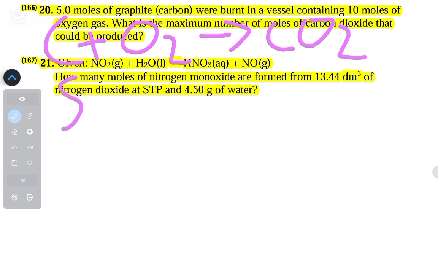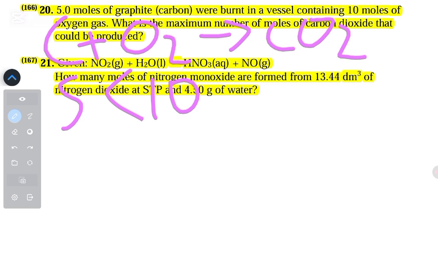They already gave you the moles, thankfully. Now divide by the coefficient, both coefficient 1, so it's not really going to change. It's just going to be 5 and 10. There's no point. So which one is excess and limiting here? Of course, oxygen is the excess, carbon is the limiting, right?